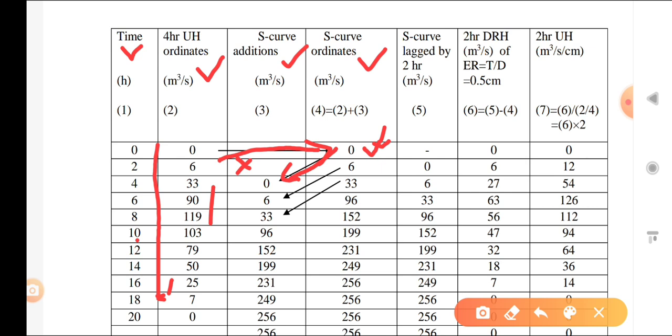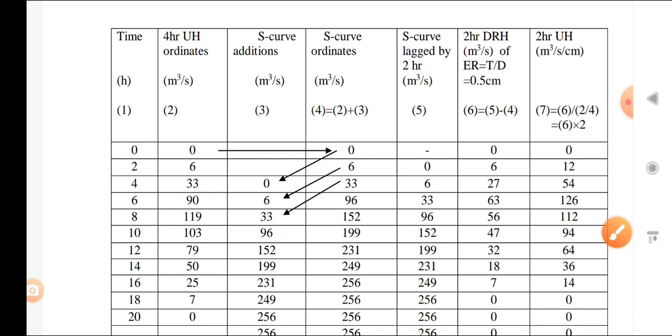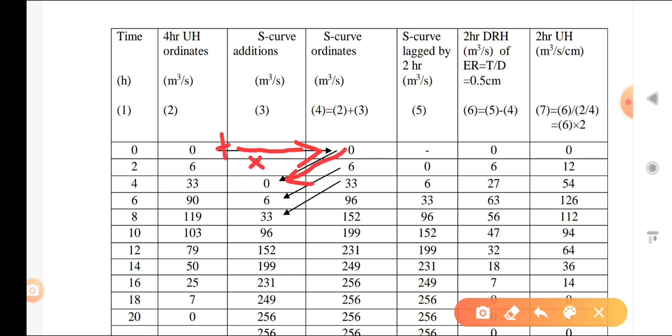Okay, now it is very simple. You can see that the 0 goes here, then 0 goes to the 4, not here. So what will be the S curve ordinate? 0 plus 0 is 0, then 6 plus 0 is 6, then 33 plus 0 is 33, and the 6 goes just below.